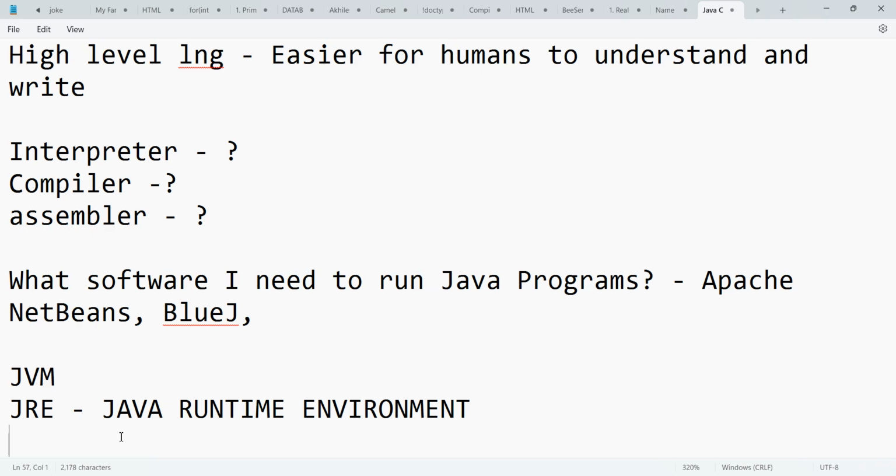Now, my next question to you is, a program that translates code written in a high level language to machine code is called, yeah, high level language into machine code. A program that translates code written in a high level language into machine code. Compiler also or interpreter also. A program that translates an assembly language program into machine code.